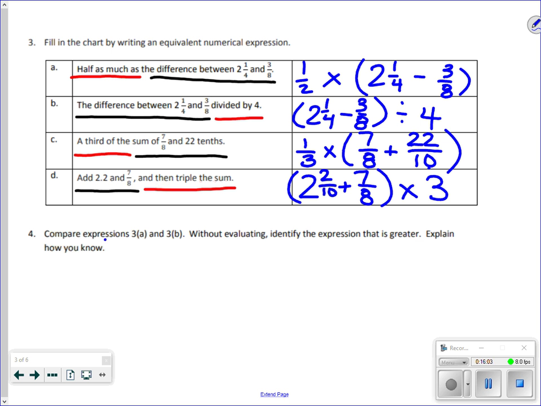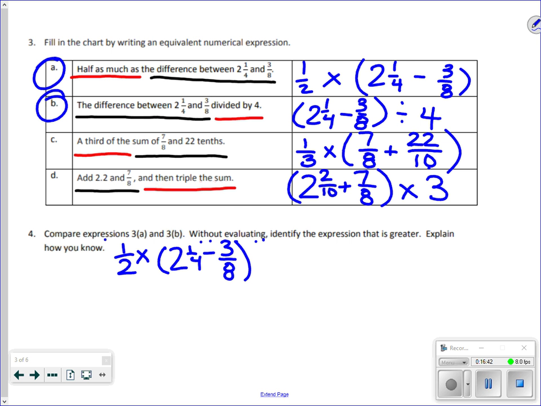Compare expressions 3a and 3b without evaluating. What does evaluate mean? Don't solve it. They don't want you to work it. Identify the expression that's greater. They have pretty much the same numbers. Which one do you think would be greater? So we have 1/2 times 2 1/4 minus 3/8.